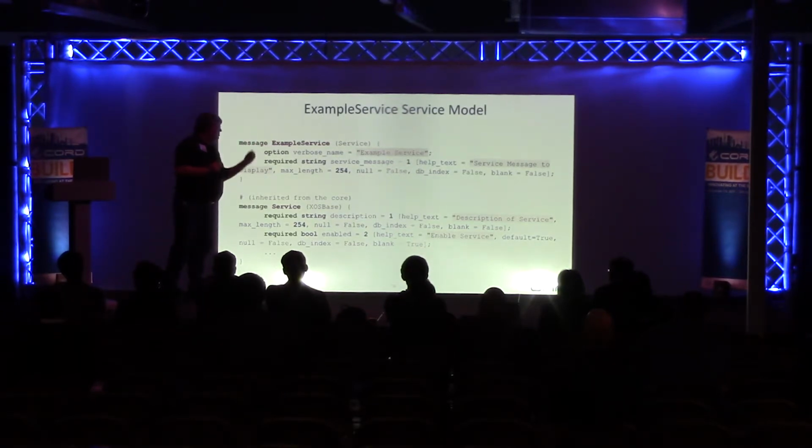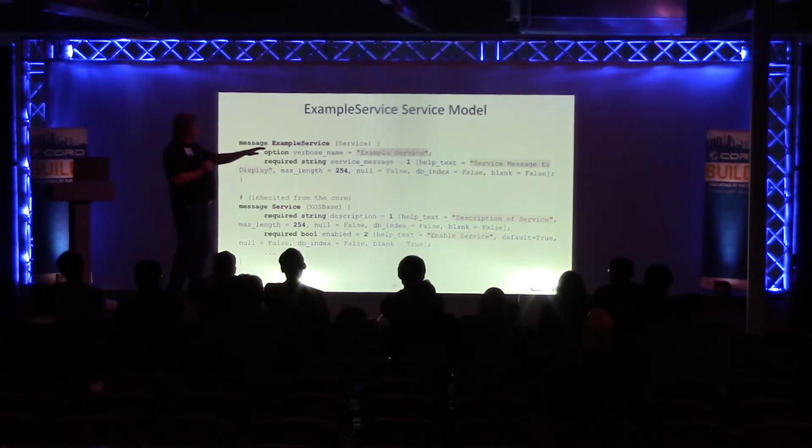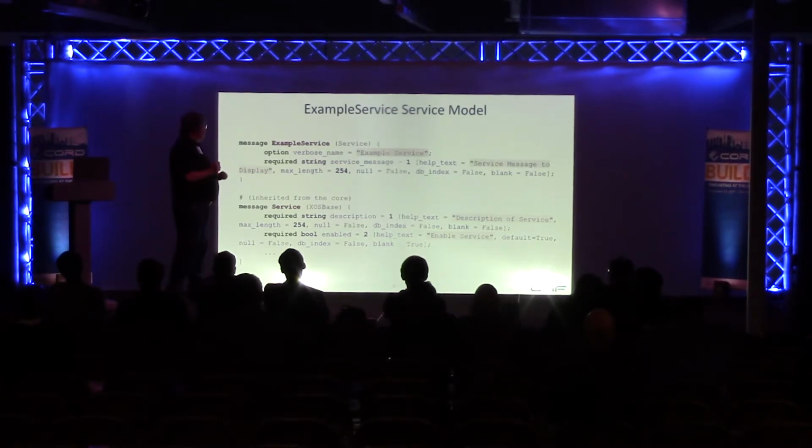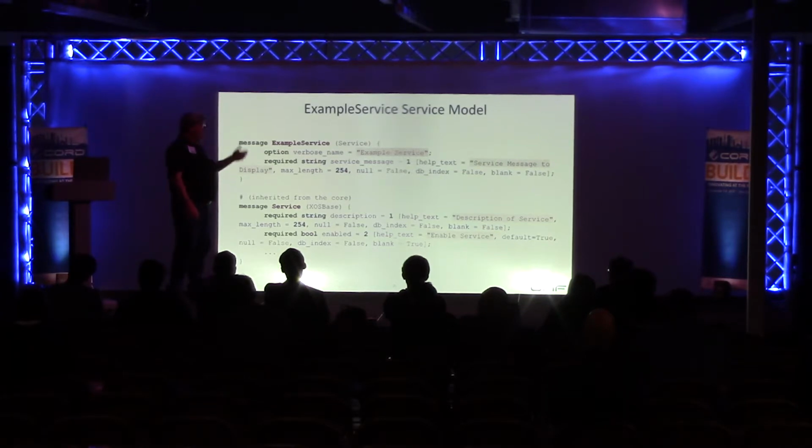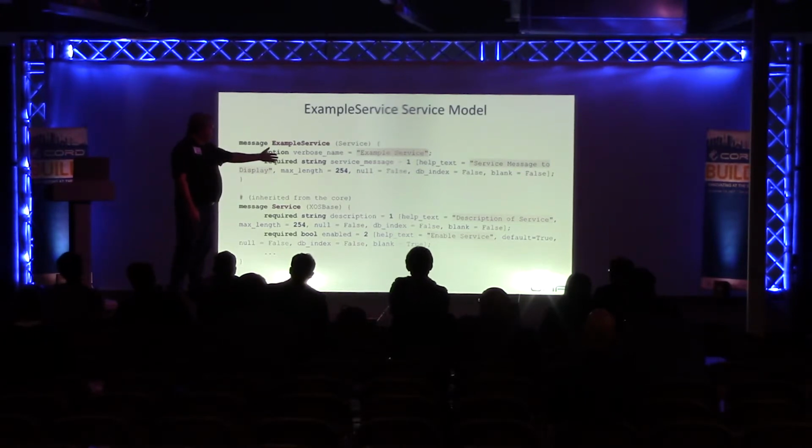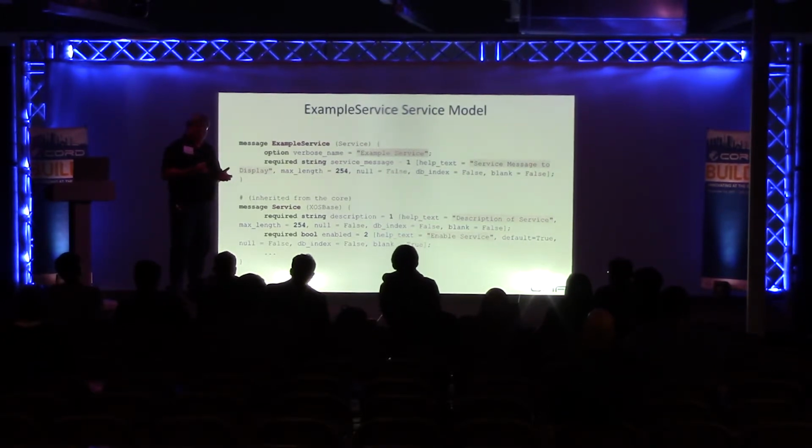Inside of the square brackets, we have some options. So there is some help text. Help text is set to service message to display. That's something we would put in the GUI to help the user of the GUI know what this field is for. We've got a maximum length, whether or not you can set this field to null. Null is a slightly different thing than the empty string from a database perspective.